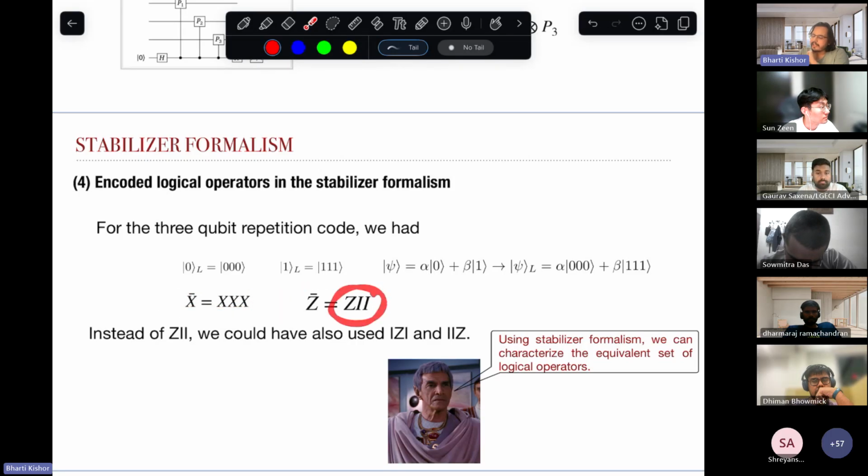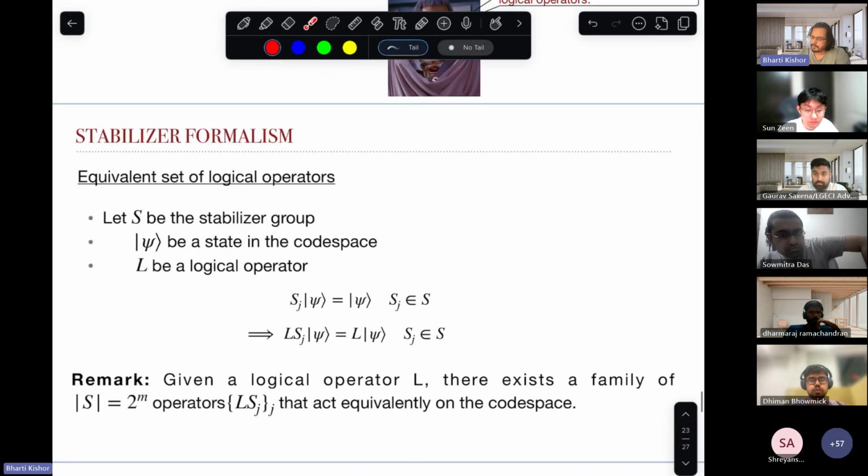But instead of ZII, one could have used IZI and IIZ also. And one could ask, can one characterize the equivalent set of logical operators, all logical operators which are possible? And actually the stabilizer formalism helps you precisely do that.